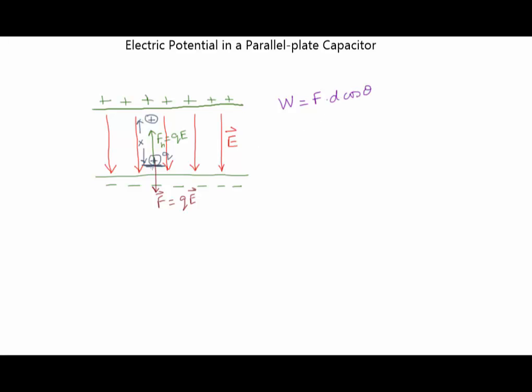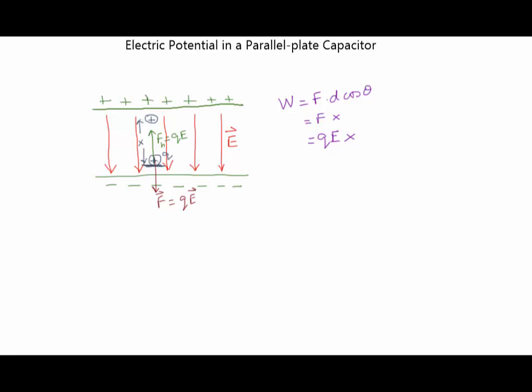And in this case, since the force points up and the displacement is also up, they are aligned. The angle is 0. Cosine of 0 is simply 1. So in this case, the work is going to be a positive work since they are both aligned, and it'll simply be force times the distance. And in this case, the distance is x. And we know that the force is Q times E, so the work would simply be Q times E times x.